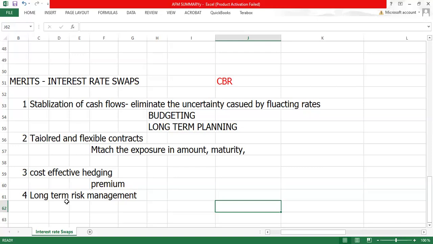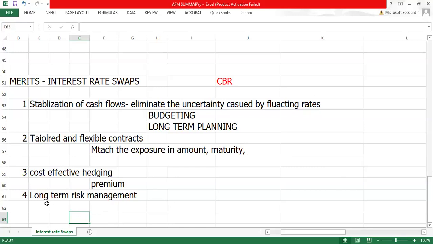But when it comes to the swap, you can be having a loan that takes maybe 4 years. So you enter into swap arrangement, you agree, maybe you interchange. Me, I was paying fixed rate. Let's interchange. I pay you floating rate, you pay me fixed rate, but for a long period of time. So you mitigate the risk that you would have been exposed to in the long term.